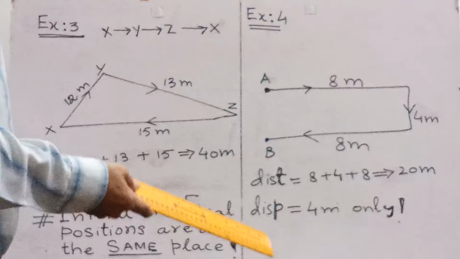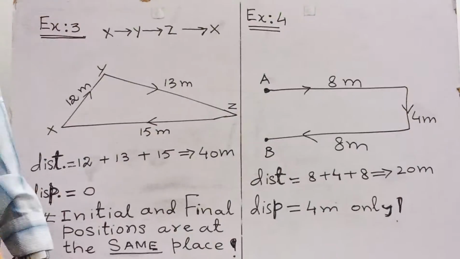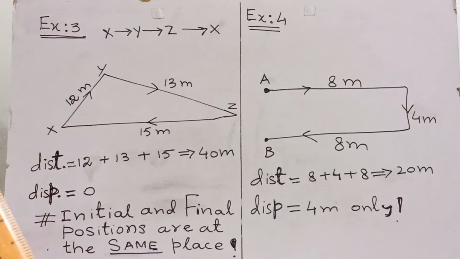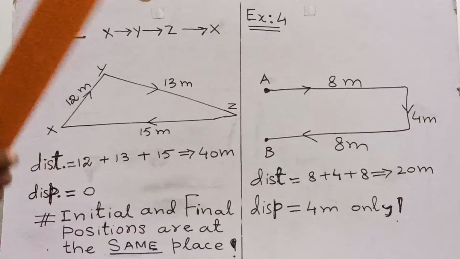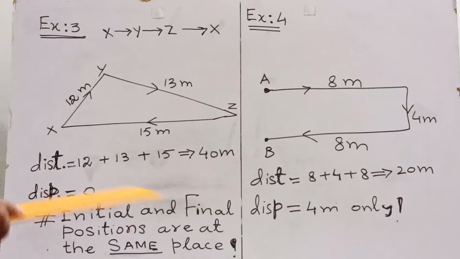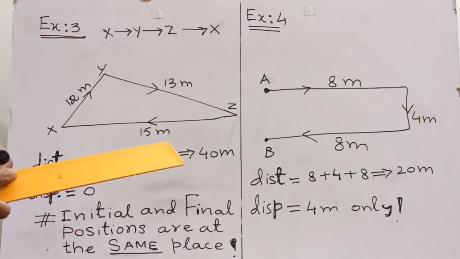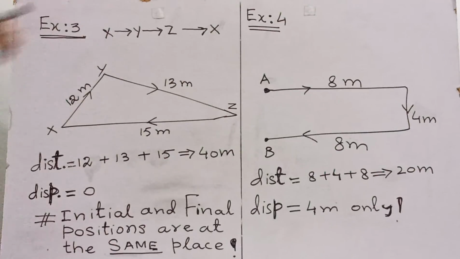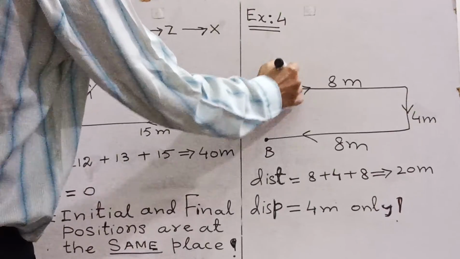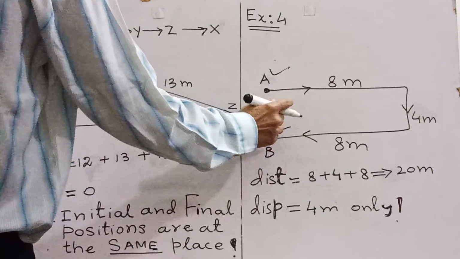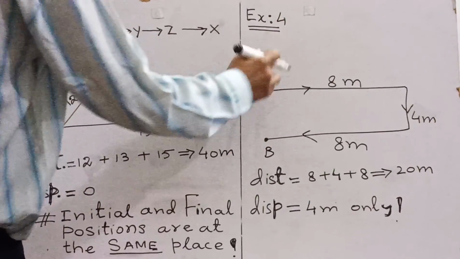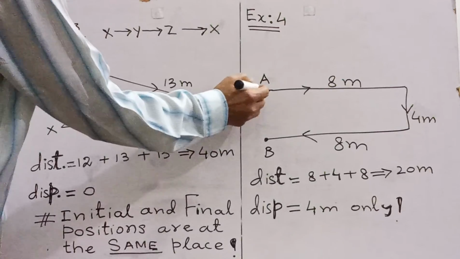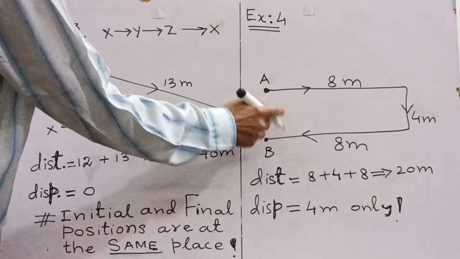Now for the displacement, we apply the definition of displacement. According to the definition, it is the shortest or straight line distance from the initial to the final position. So it is the initial position, it is the final position. Now we find the shortest or straight line distance from initial to the final position.